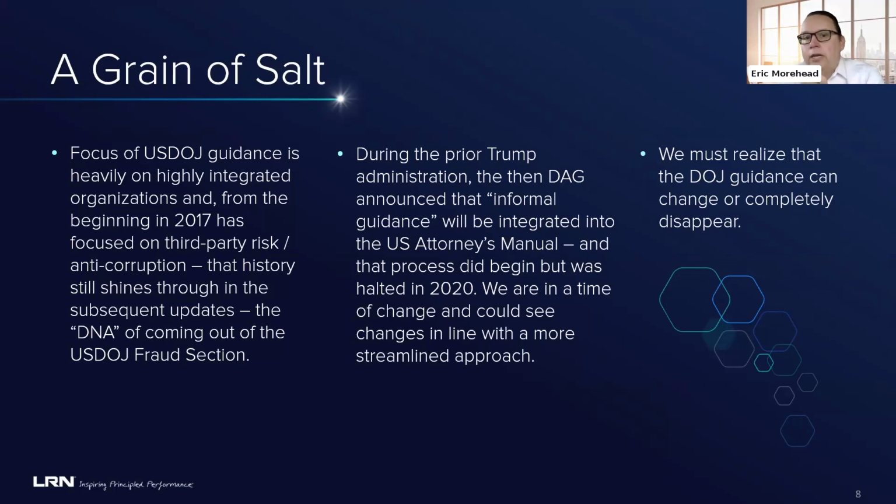It is worth noting that under the prior Trump Department of Justice, the then Deputy Attorney General really wanted to make a focus of removing these memoranda, not just this particular memoranda, but a lot of these. There are several of these memoranda that are out there directed at prosecutors, and have everything in the U.S. Attorney's Manual. That endeavor did not proceed very far, but it could always change.